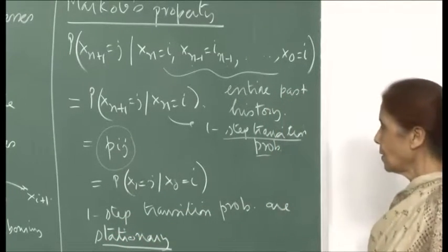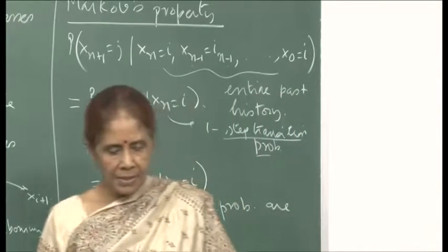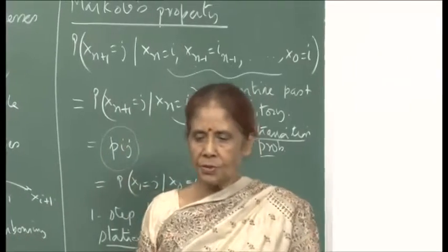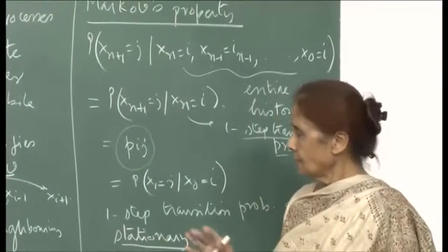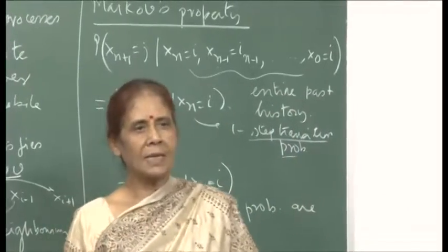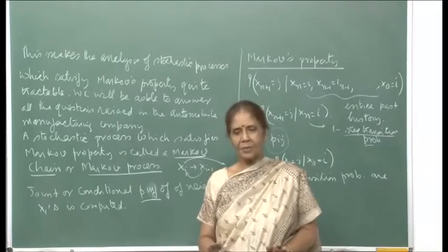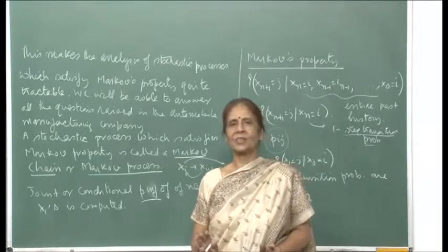So the one step transition probabilities are stationary. The explanation is that whatever process you consider, after the initial perturbations and so on, the system has settled down, or the process has become stationary.